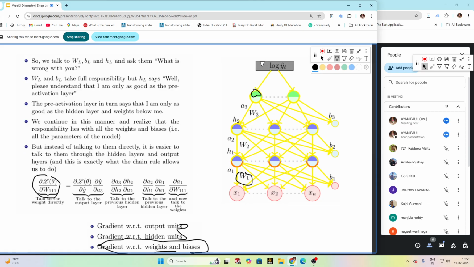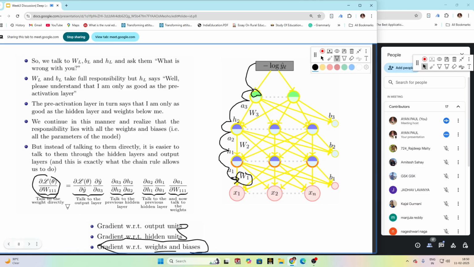How will we have to go from chain to chain? If this is the output or loss function, log y hat I think is the output function. So we have to jump from here to here, then here to here, then here to here, and then finally we can go to here.